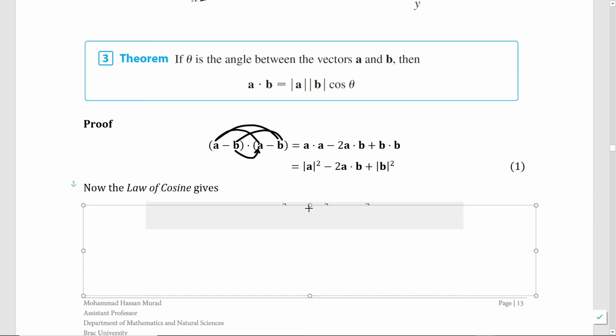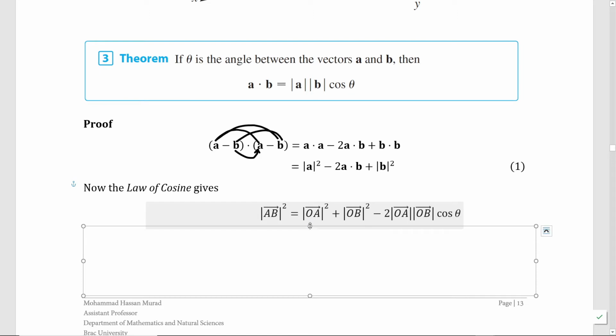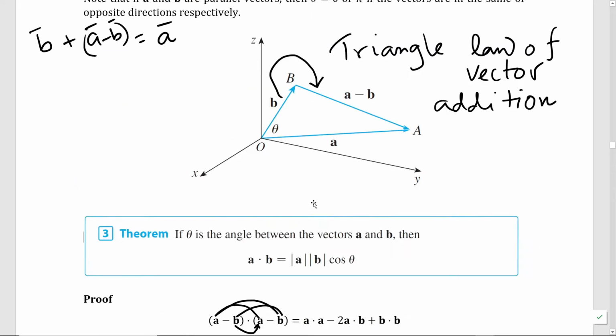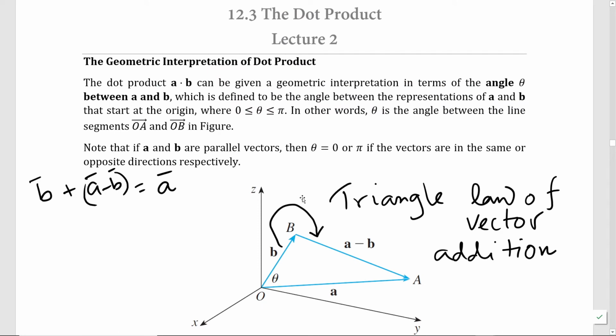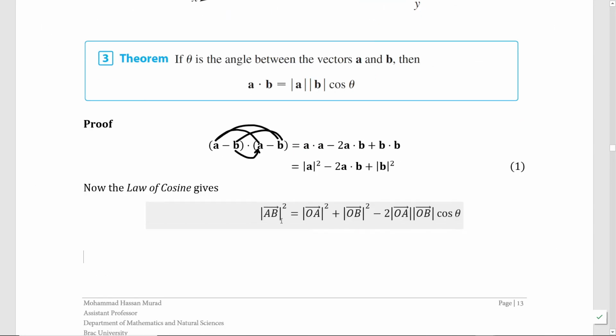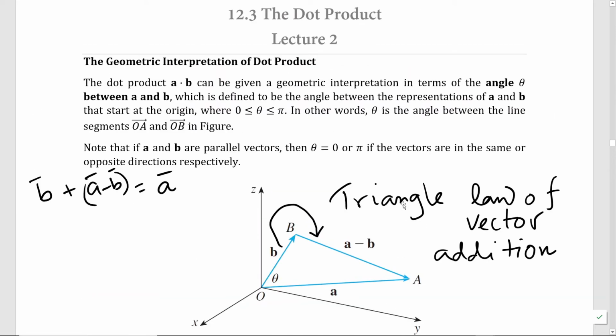Now we apply the law of cosines to the triangle as shown here to obtain this equation. So let's discuss the law of cosines.